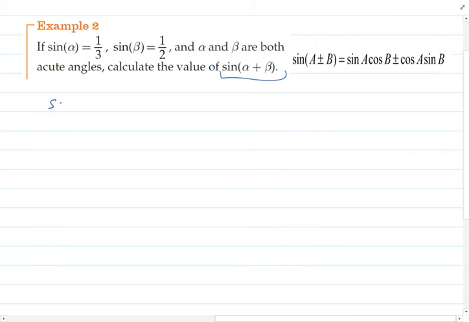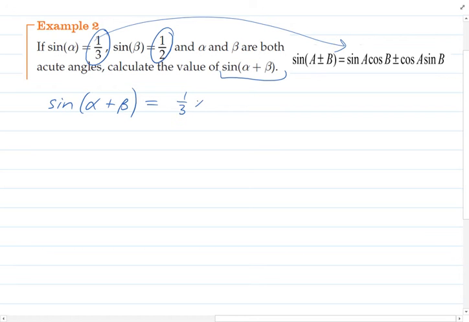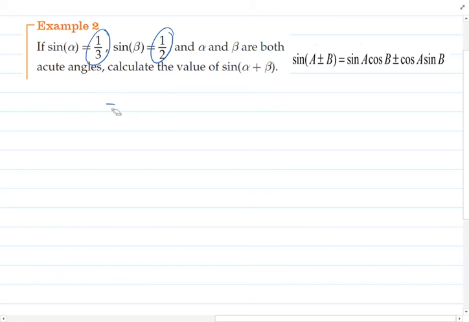Okay, so I'll write out sine alpha plus beta, and then I'll substitute in these values. So we'll have equals 1 over 3 times 1 over 2 plus, actually I'll have to backtrack because we've got to have cos in here. So because we have to have cos in there, I'm going to draw out a triangle first for each of these.